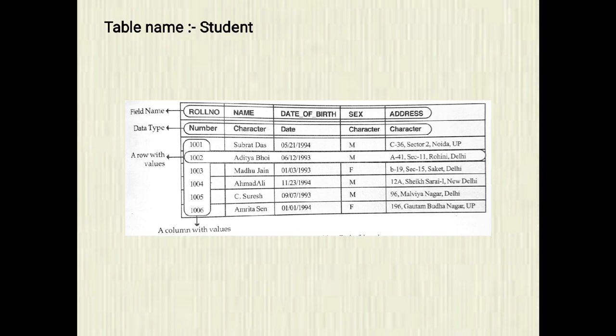It has its own data type called date, because it is in the format of ddmmyy, which I'll explain later on. Just remember that in a database, a date has its own data type called date.